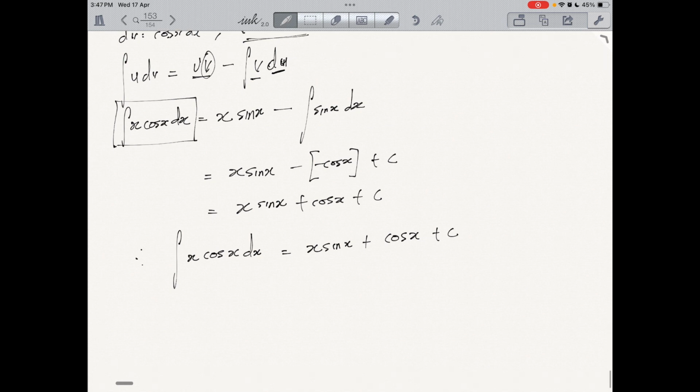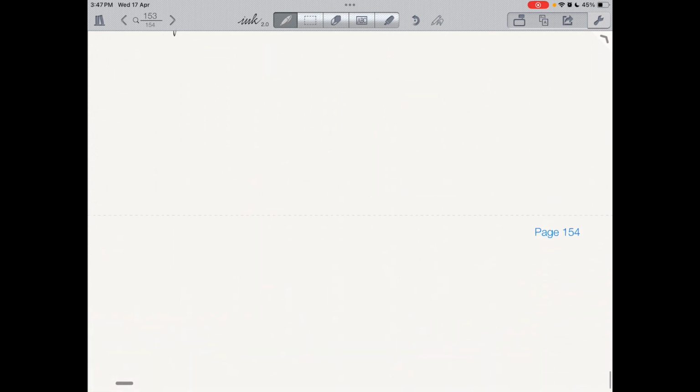Let's take another example. Let's integrate with respect to x of 5x exponential 4x dx. Now 5x is arithmetic, exponential 4x is an exponential function.